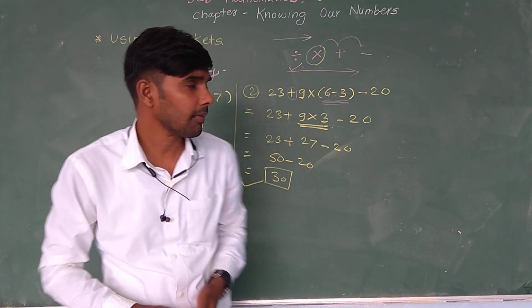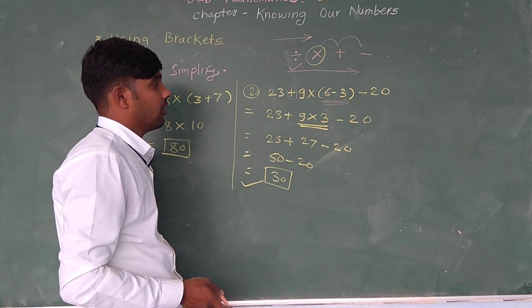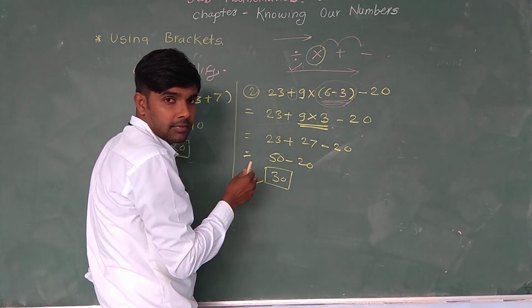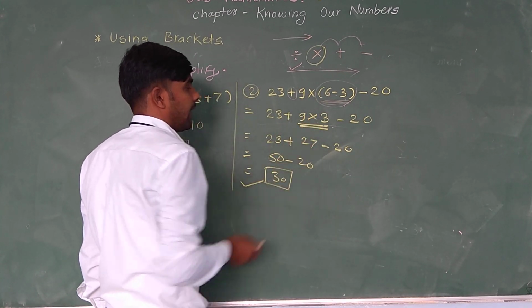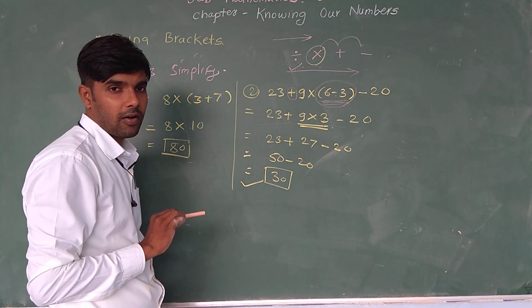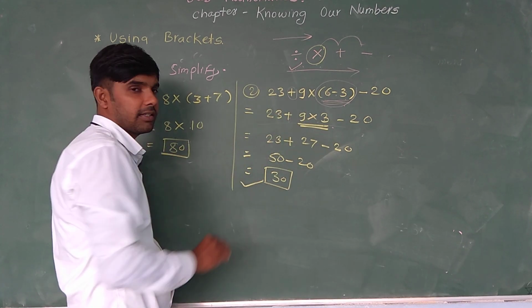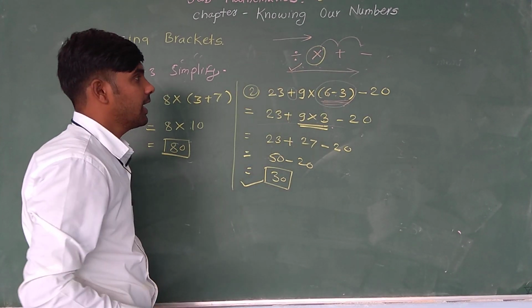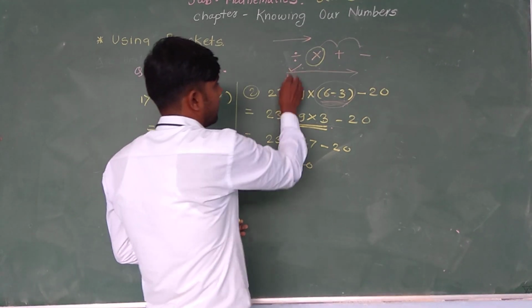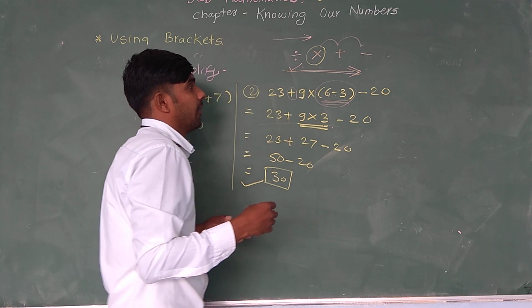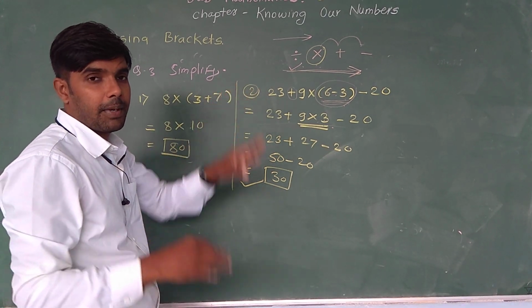Got it? So keep in mind, always remember, you have to solve the bracket first. Here only one bracket is there, so we have solved it, and the answer of 6 minus 3 is equal to 3. Then go for the operation precedence, meaning the priority of these arithmetic operations.